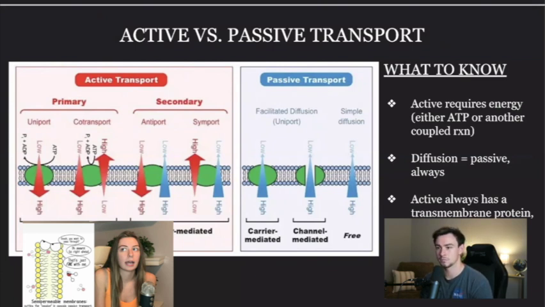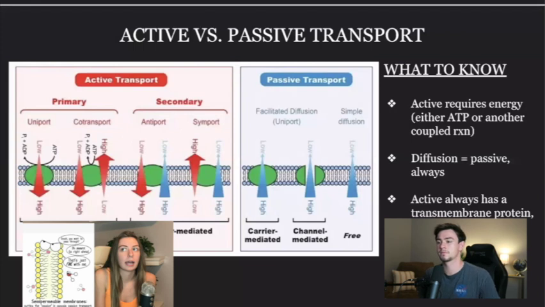Looking at this figure right here, I think is a good way to think about it. When it says low and high, that means the solute concentration of whatever you're trying to move. You can see in red every time it's going from a low concentration to a high concentration, that's not energetically favorable, so we're going to need some kind of energy input.